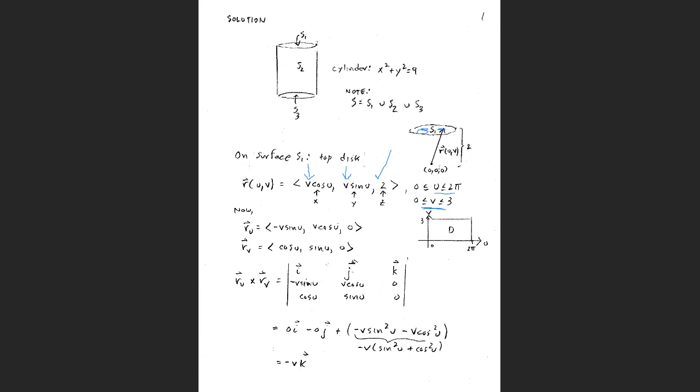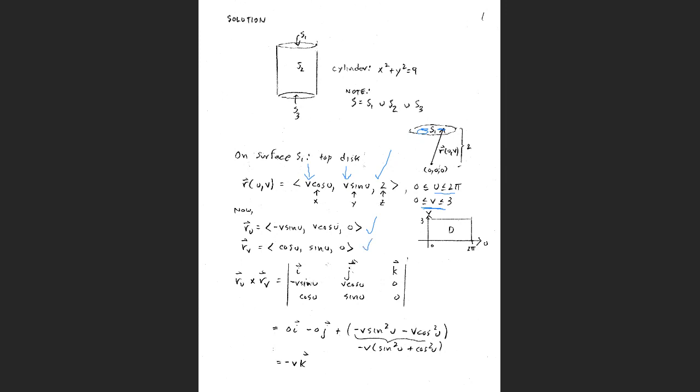Okay, all right. Well, now that's kind of the hard part, getting the parameterization. Now we just apply the formula. So the formula says that we need to compute the derivatives with respect to u and v of our vector function, and I do that here.